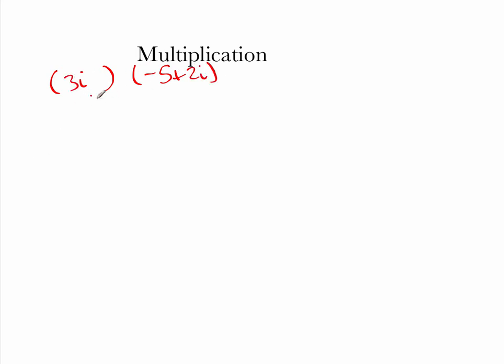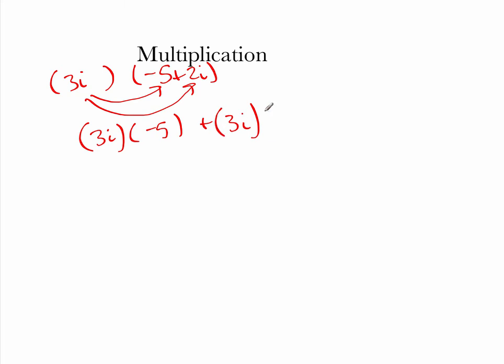All right, I'm going to take this and distribute it to each term. So this becomes 3i times minus 5 plus 3i times 2i. So this first term becomes minus 15i.